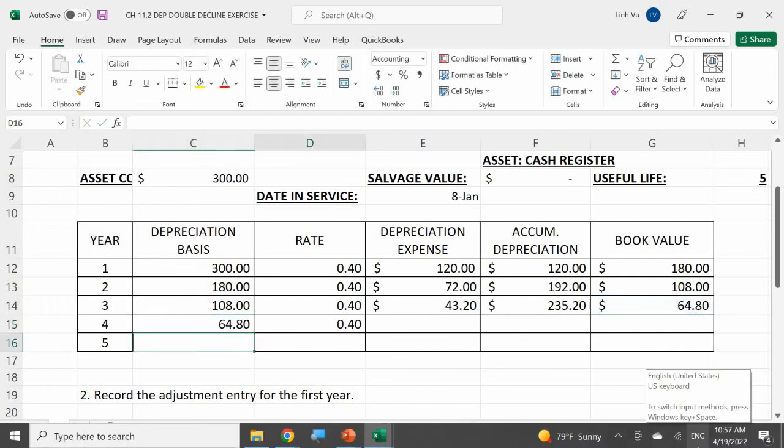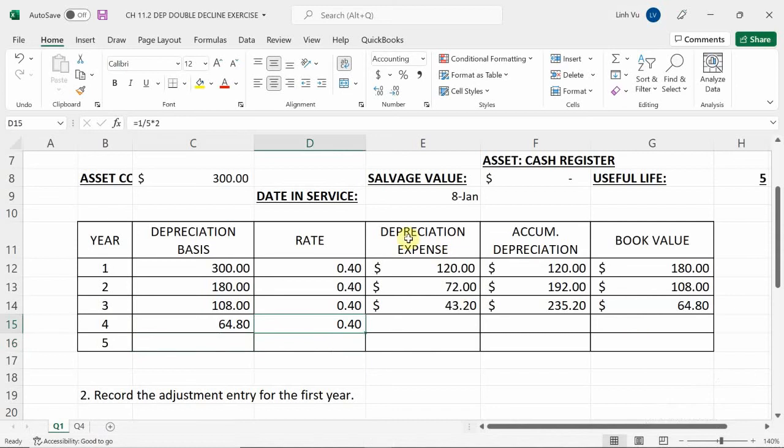Times 40%. 25.92, which will give me a total accumulated depreciation of 261.12.